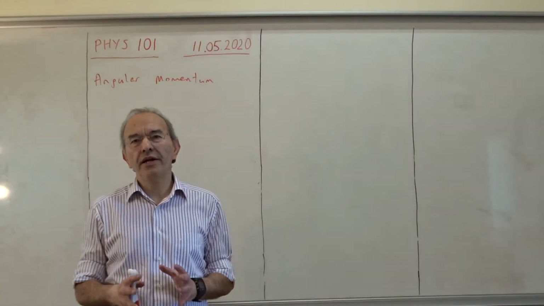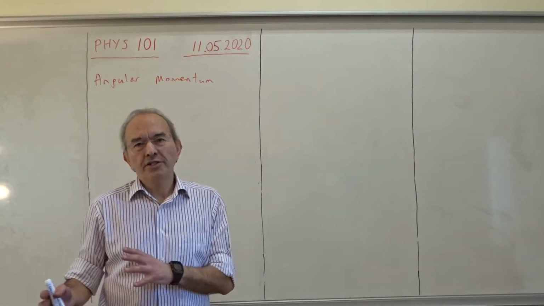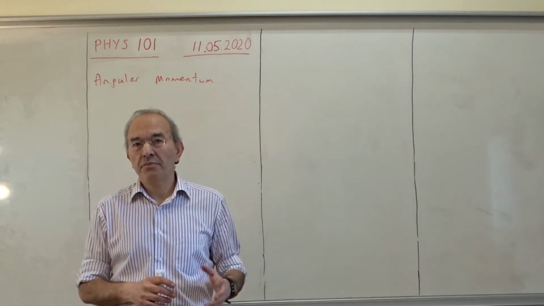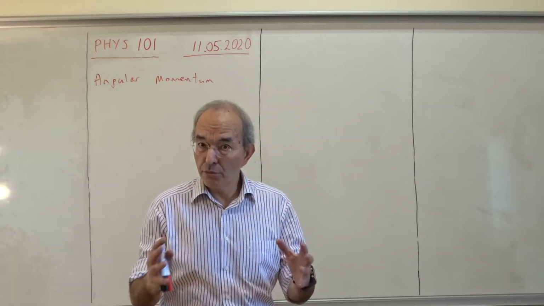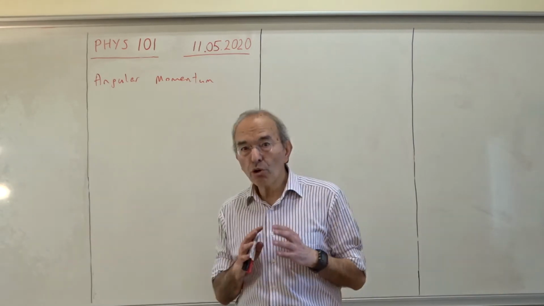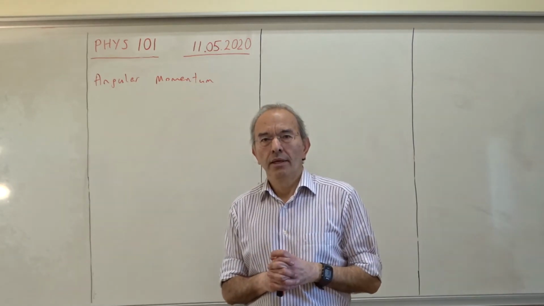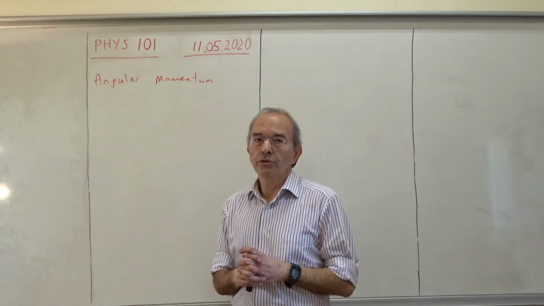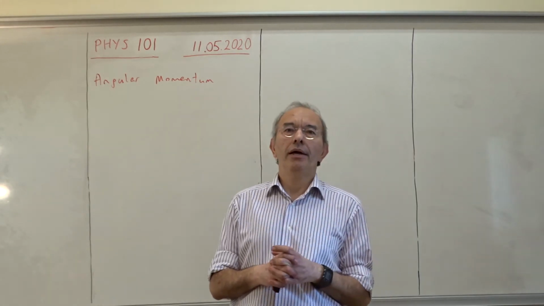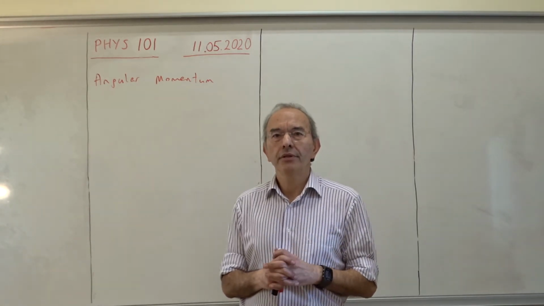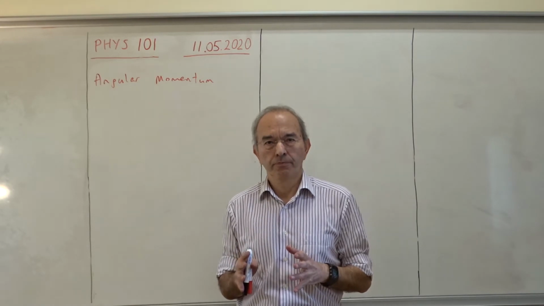In this part, we arrive at the last part of the rotational dynamics, which is maybe the most important part, angular momentum. We have seen before in chapter 8 the linear momentum.